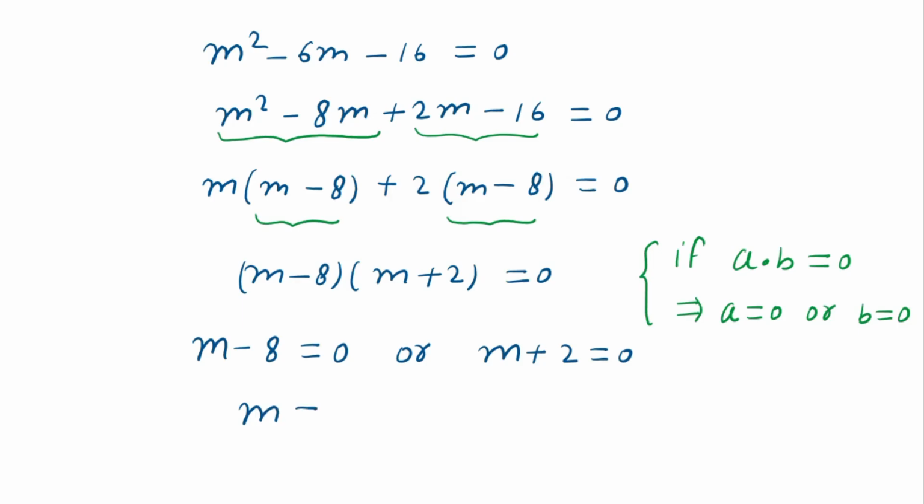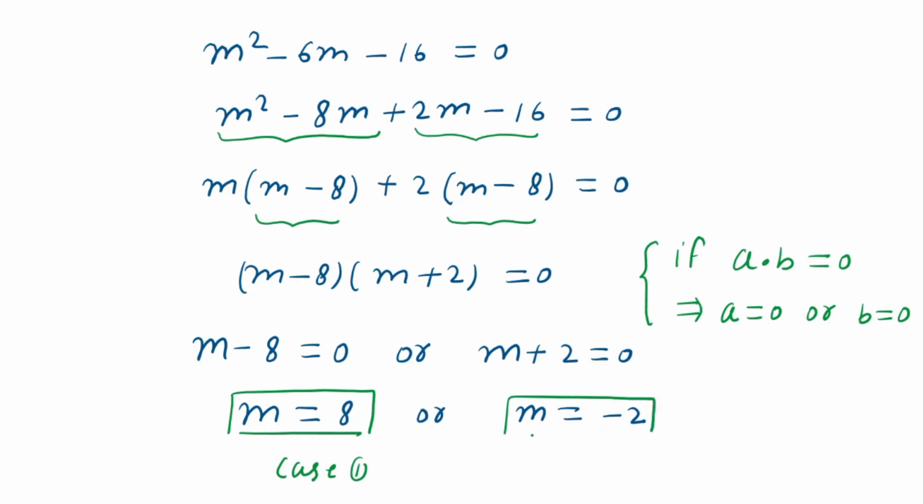Then the value of m is 8 or the value of m is −2. We have two possible values of m. Let's say this is case first and this is case second.